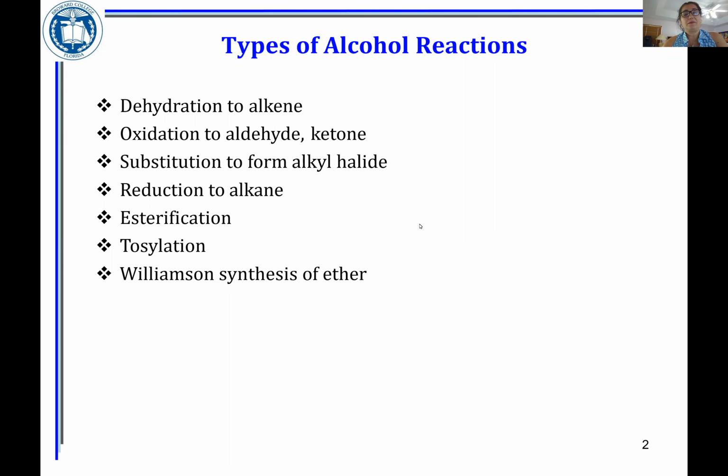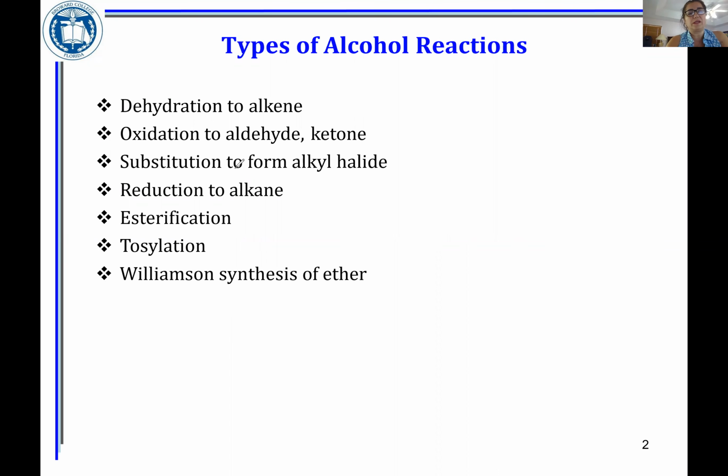Okay, chapter 11 is more of the reactions of alcohols. So you already know hydration of alkene would give you alcohol, right? Dehydration of the alcohol would change to alkene. This is just the overview, not the reaction.